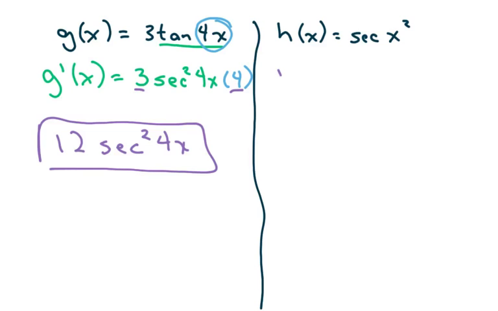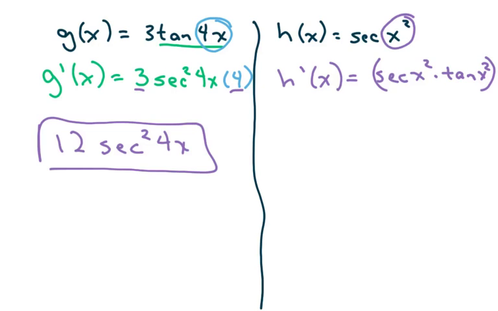And the last one, we take the derivative of h. So the derivative of secant is going to be secant times tan, so you can write that, times tan. And then you multiply this by the derivative of your inner function, which is going to be 2x.